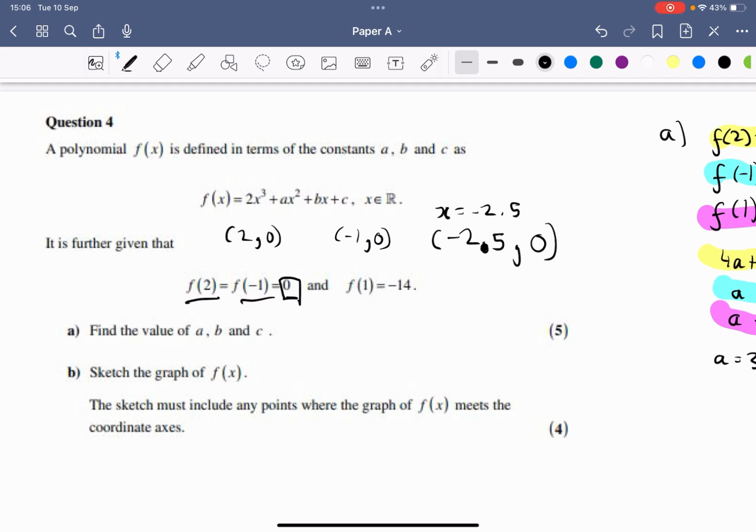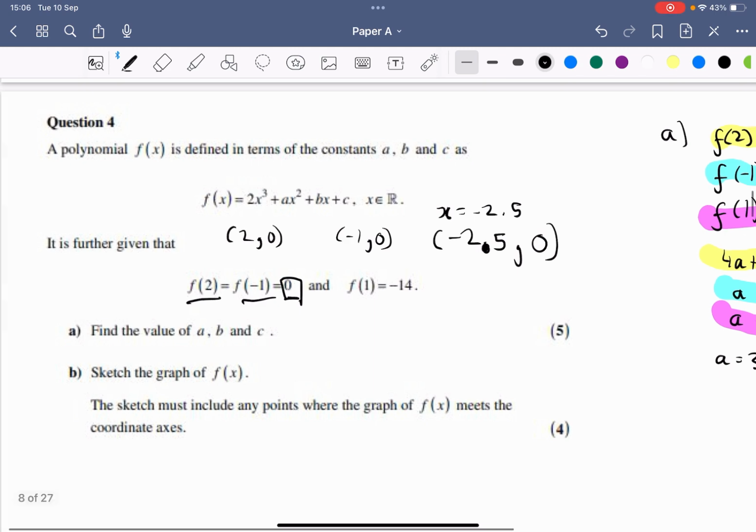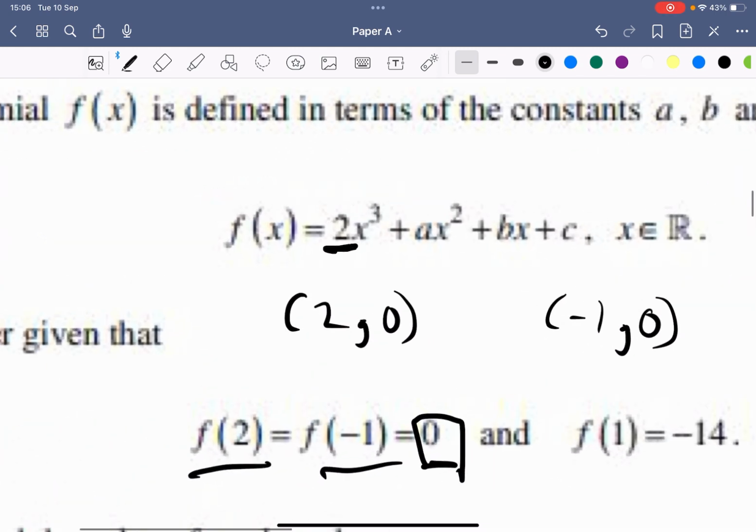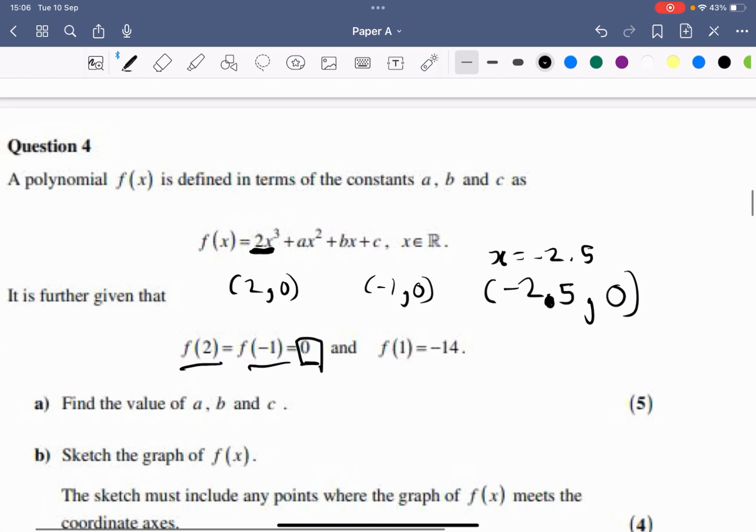Now, you need to think of the general shape of a cubic. If the coefficient of this term, x cubed, is positive, it starts off like this. If it's negative, it starts off like this. Since it's positive, it's going to be something like this, with 2 turning points.